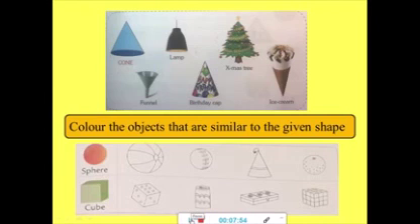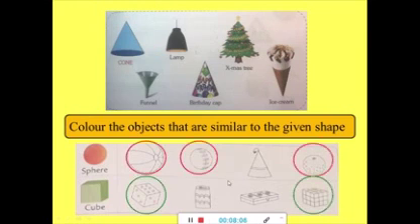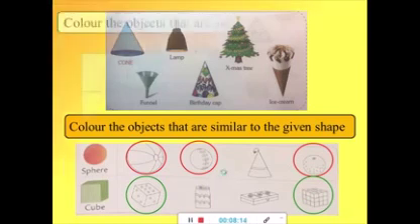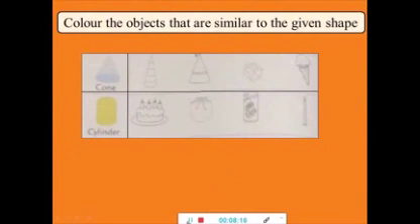Now can you see the sphere? Yes. What are the examples of a sphere? We have the football, a cricket ball and an orange. Cube, you have a die and a Rubik's cube. Now you have to color the objects that are similar to the given shape.